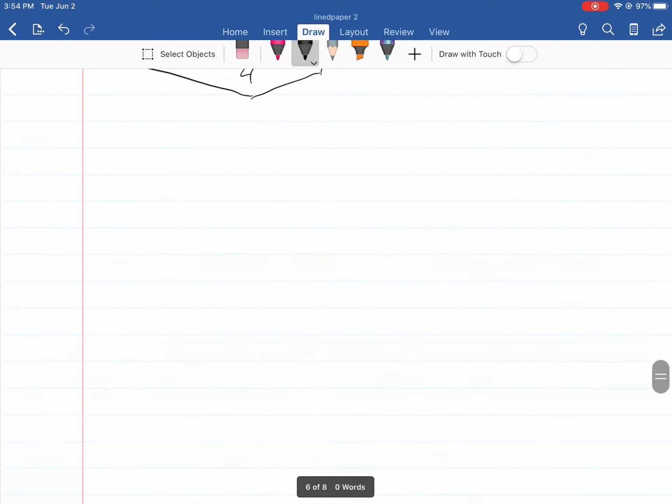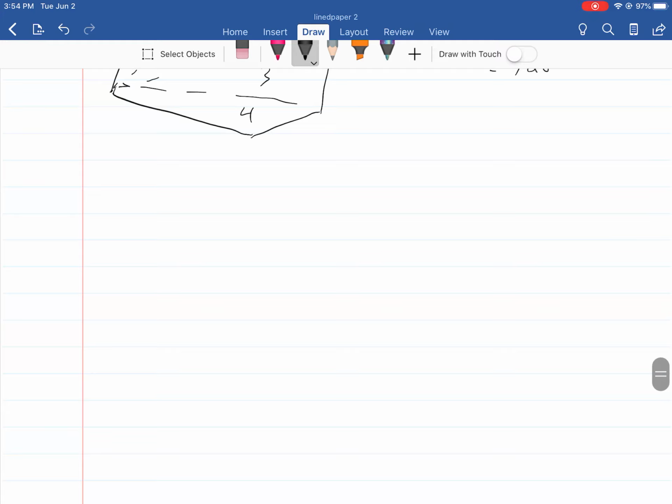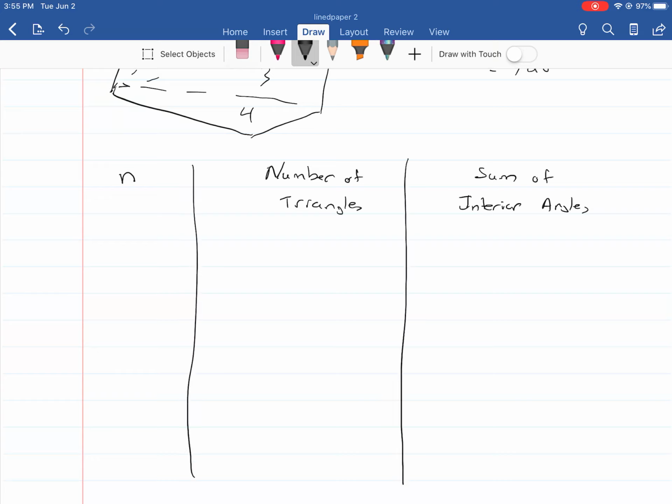Well, let's just summarize what we've come up with here. If I put n for number of sides, and then I put how many triangles we got inside. And then I make another column, sum of interior angles. For a three-sided figure, of course, we only have one triangle, and the sum of the interior angles is 180.